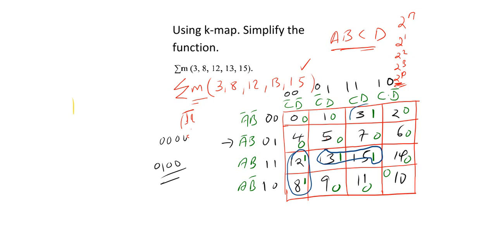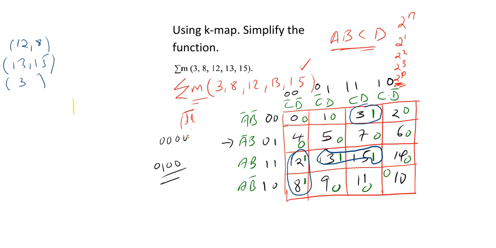Then we have this one being alone, appearing as a group. So we have the following groups. We have the group where we have 12 and 8. We have another group which is 13 and 15. And we have the other group where we have 3.